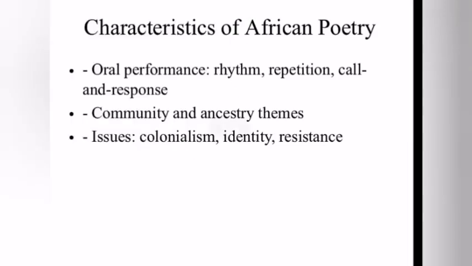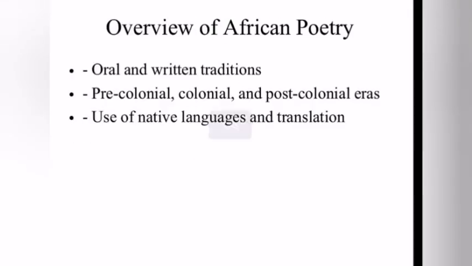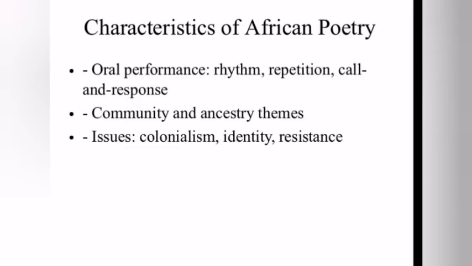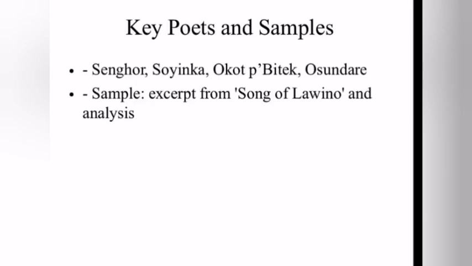Just like the former slide, we said pre-colonial, colonial, and post-colonial eras. So these were the issues that were being talked about or treated by some notable poets in the African society.